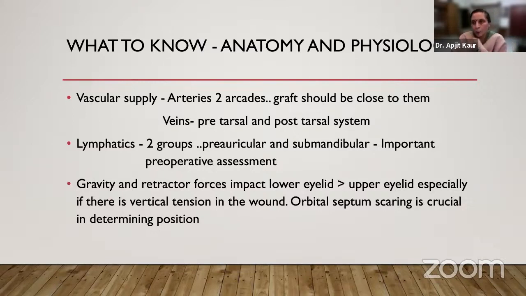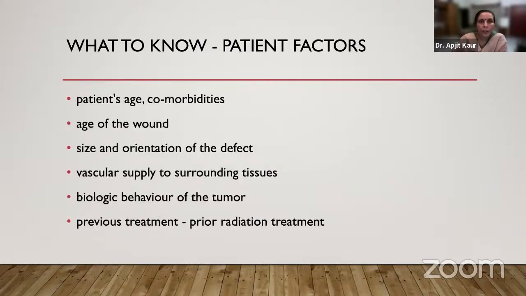Now, as far as the lower eyelid is concerned, gravity and the retractor forces will affect the outcome of the surgery. Patient factors in form of the age and the comorbidities are important. Age, because with age, the nature of the skin changes.